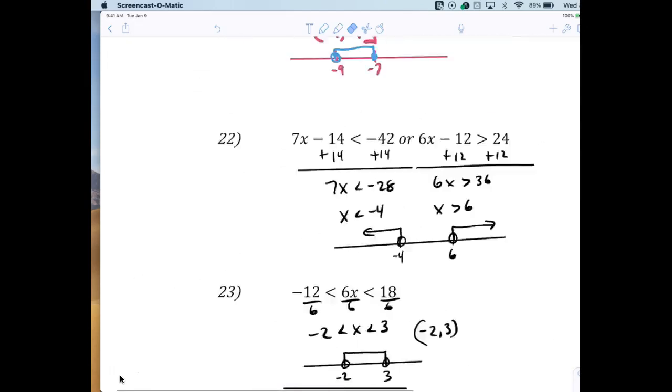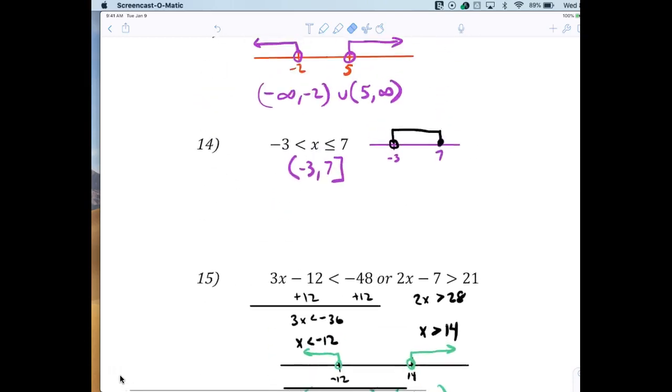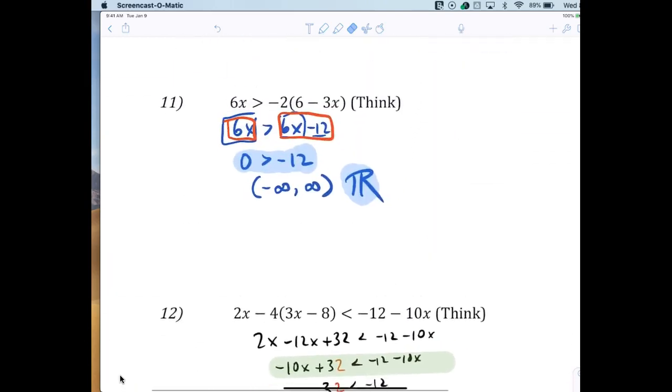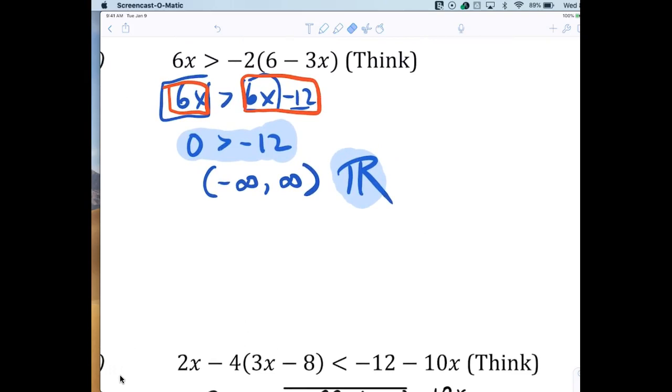All right, let's check out 11. When is 0 greater than negative 12? Always. Right.